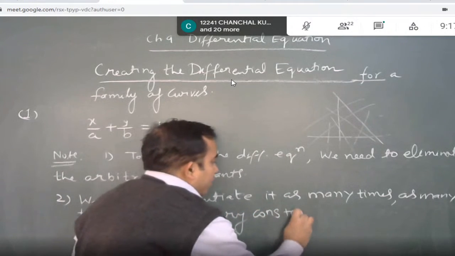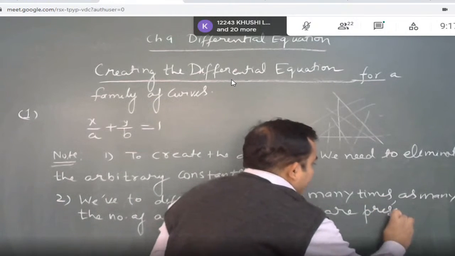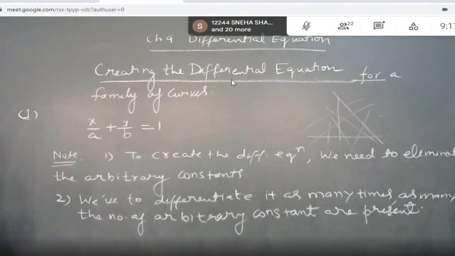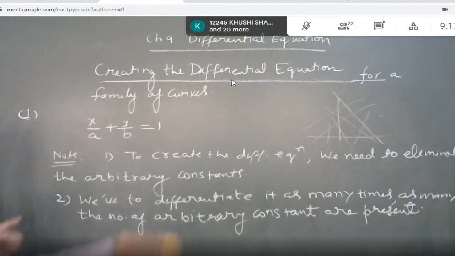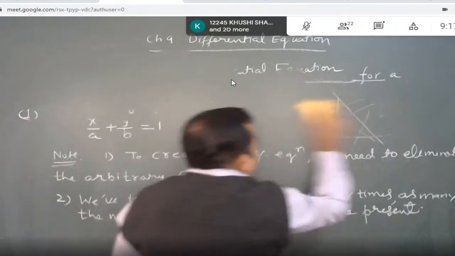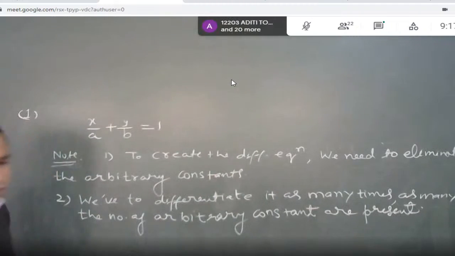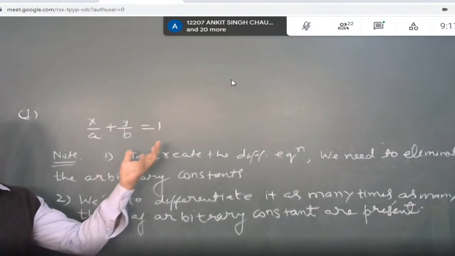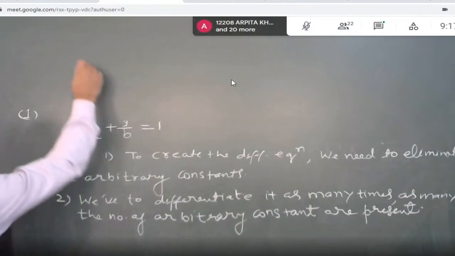So you tell me how many arbitrary constants are present, students, in this equation? This equation contains two arbitrary constants, right? So we have to differentiate 2 times. If it contains one arbitrary constant, then we have to differentiate only 1 time. So let us begin. Let us differentiate it.